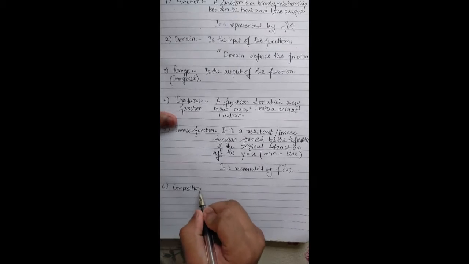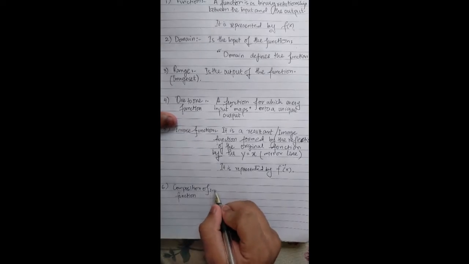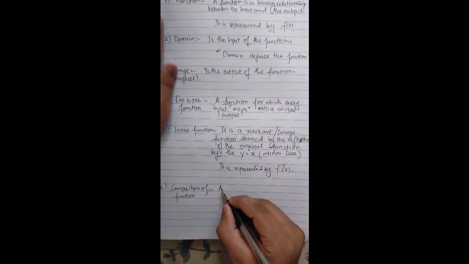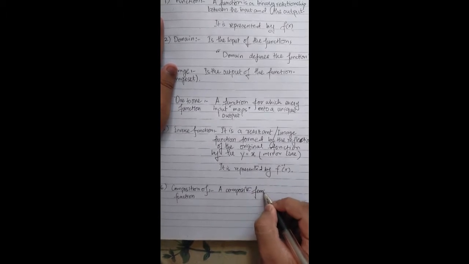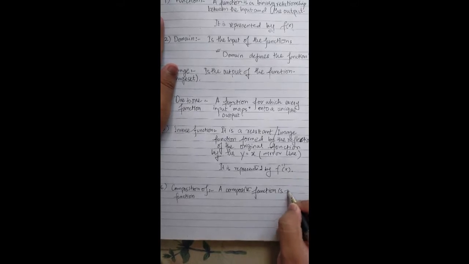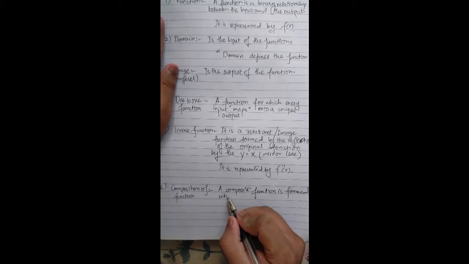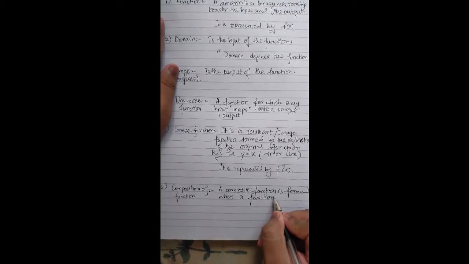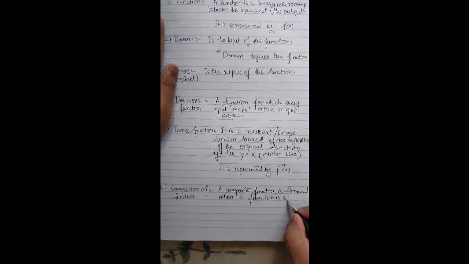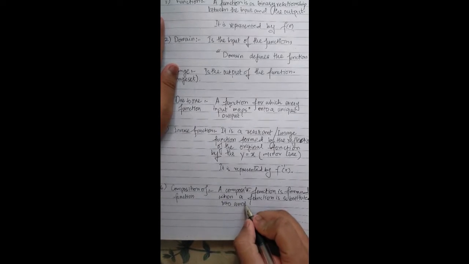Then we have composition of function. A composite function is formed when a function is substituted into another function.